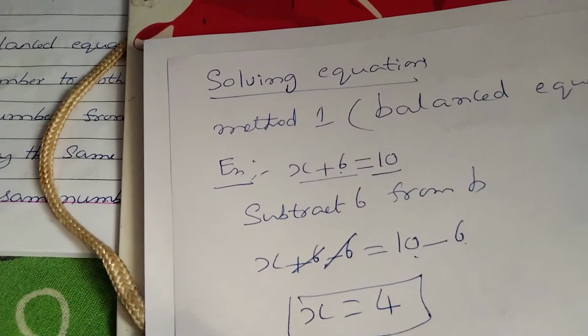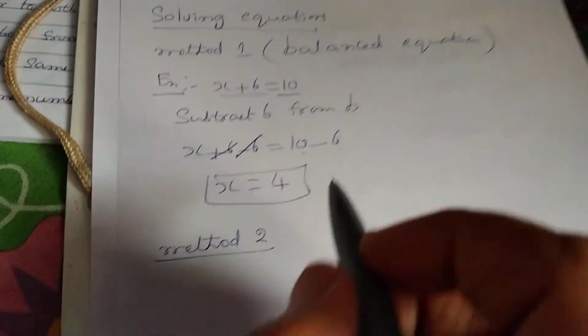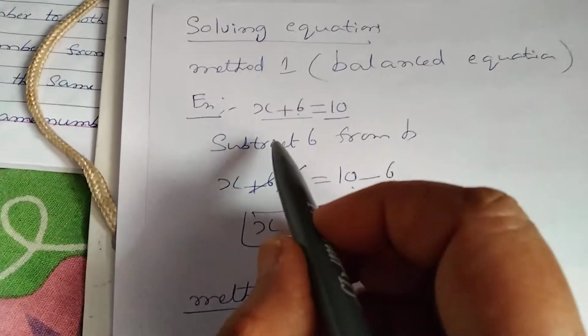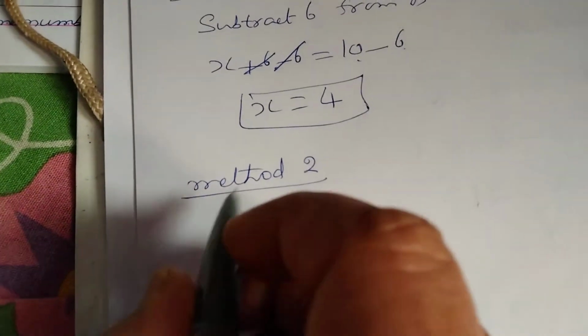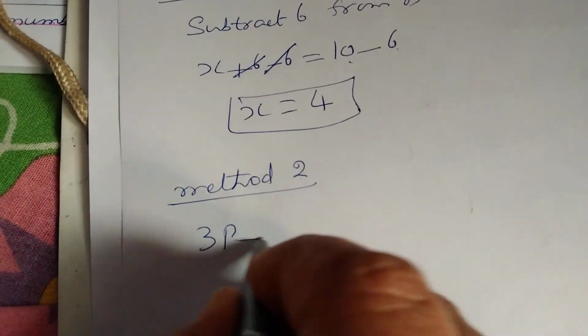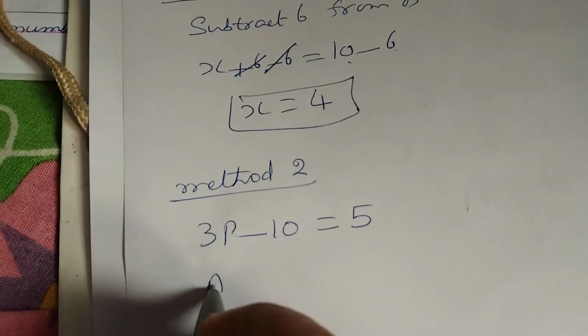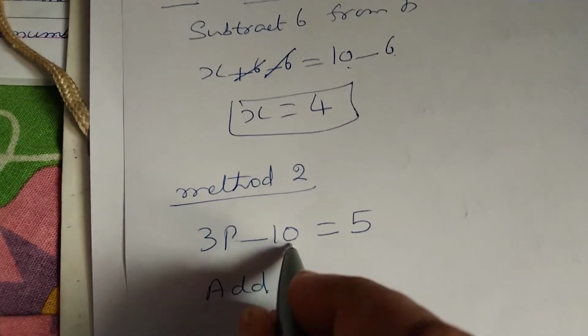Method 2. Here, earlier I subtracted the number from both the sides; here I add the number to both the sides. For example, 3p minus 10 is equal to 5. So add 10 to both the sides.